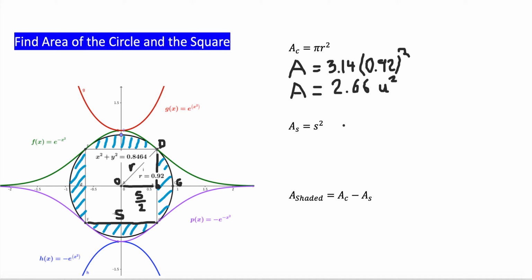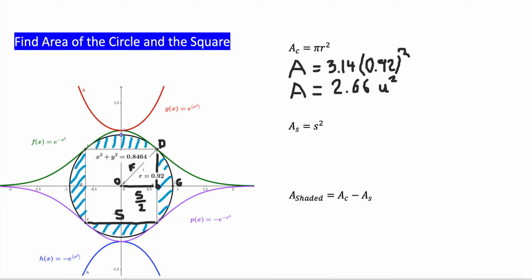And now let's find the surface area of the square that is inside of the circle. To find it, we look at this triangle, because it creates a 90-degree triangle from D to G. Let's say this is point G and this is point O, and in this triangle I apply the Pythagorean theorem.